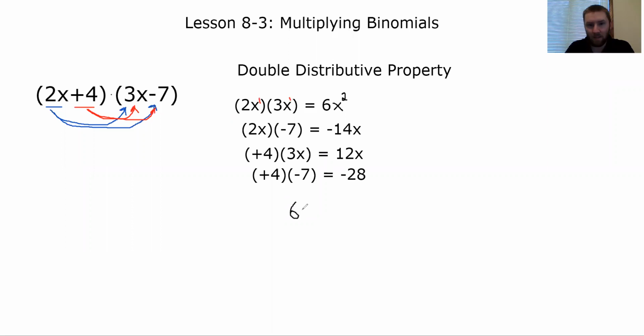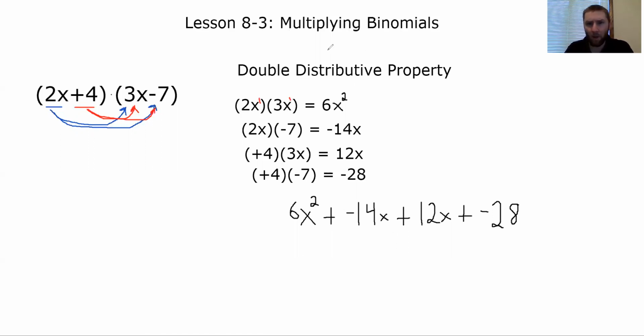So it's going to be 6x squared, then I'm going to add a negative 14x, and then I'm going to add a 12x, and then I'm going to add a negative 28. When I write my final answer, I will probably change this plus negative stuff to be minus signs, but that's optional. It certainly would be correct to leave it plus negative answers.